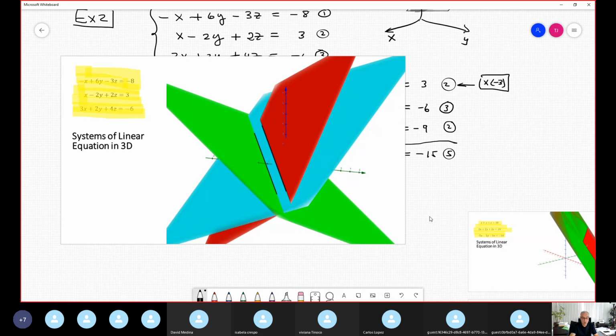And there is no common point between them. That is the reason that we have no solution. Super clear or super confused? Yes, it's clear.